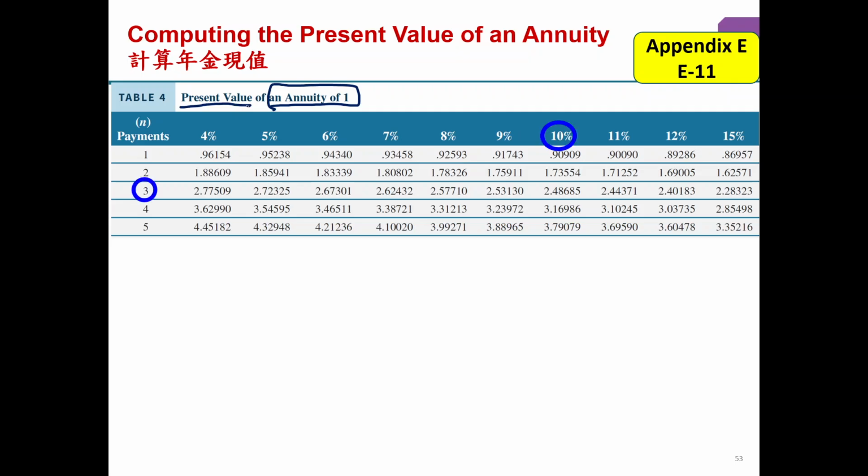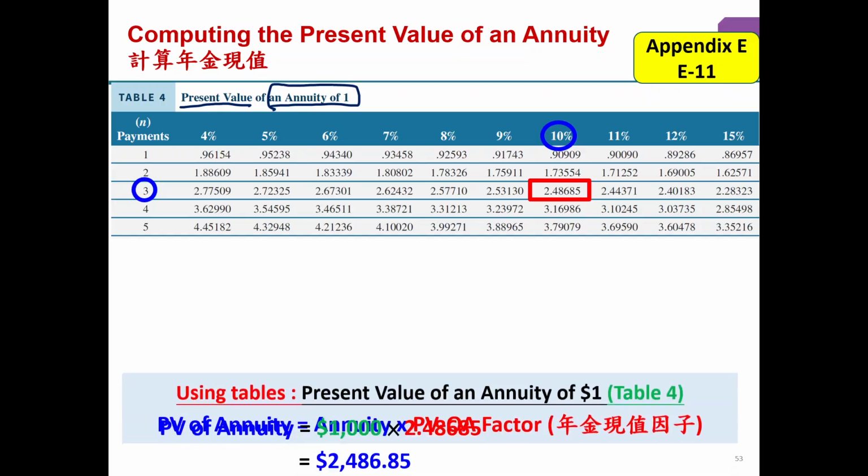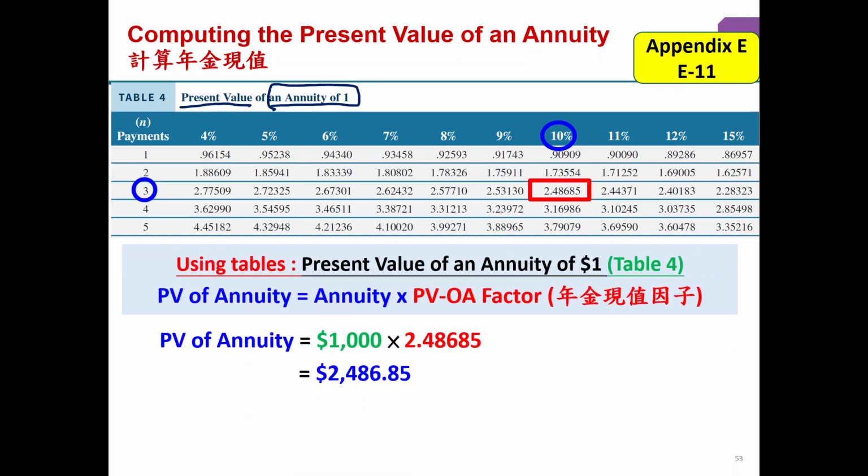So N is 3, I is 10%. I find the number right here. So I use the annuity's present value factor times the annuity, only 1,000. I can get the present value for the annuity, which is 2,486.85.